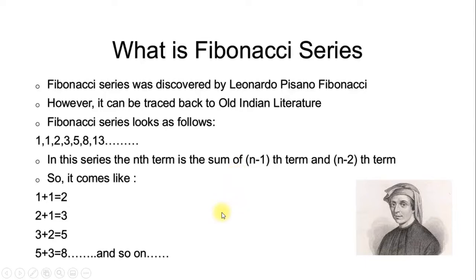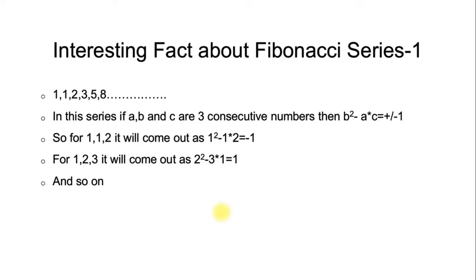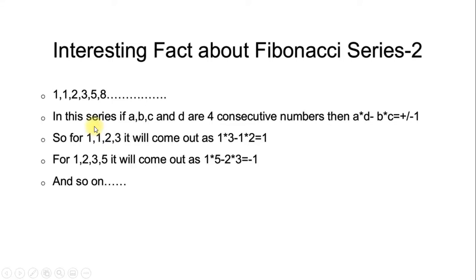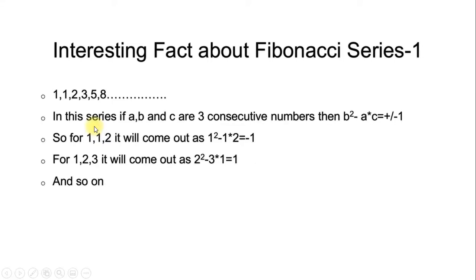Now we'll discuss some interesting properties of the series. This is the first property. If there are three consecutive numbers a, b and c, then b square minus a into c equals plus or minus 1.